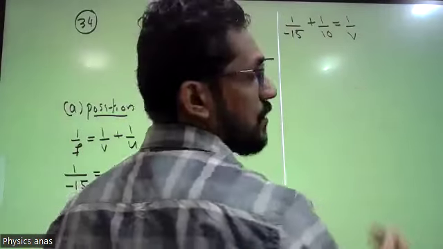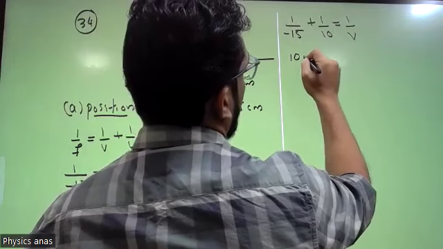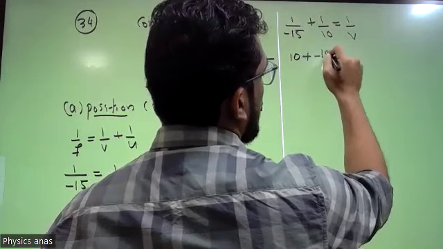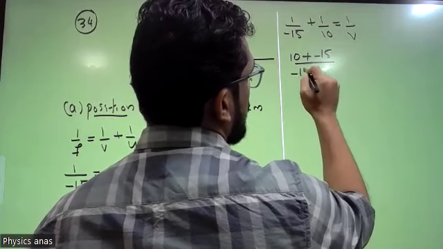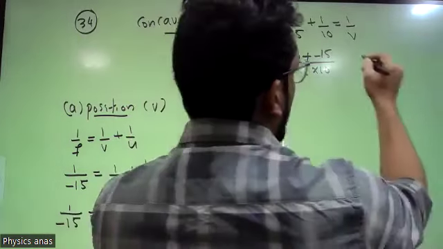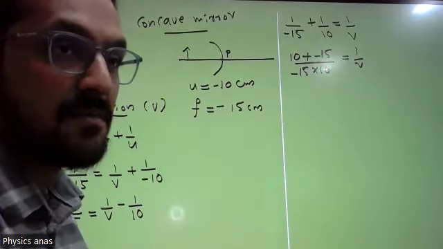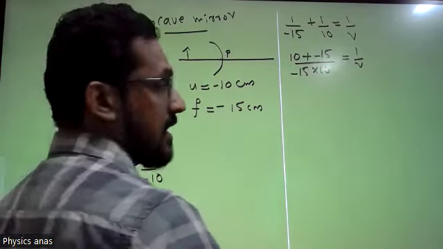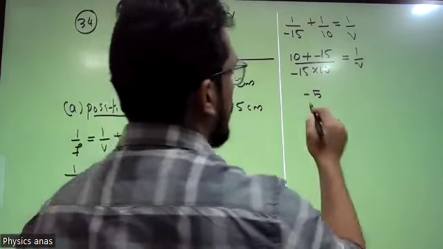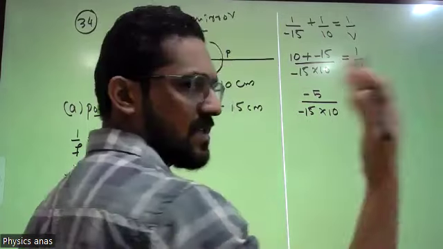How can you do that? Just cross multiply it. 10 into 1 is 10, plus 1 into minus 15 is minus 15, divided by minus 15 into 10. 10 minus 15 is minus 5.